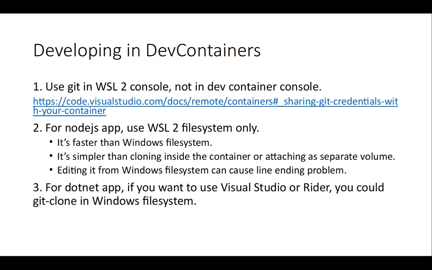But if you want to really use Visual Studio or Rider in a Windows environment, for example for a .NET application, you could git clone that in the Windows file system and then just open it in the Windows file system. Just don't try to access the Windows file system from the WSL side or vice versa.